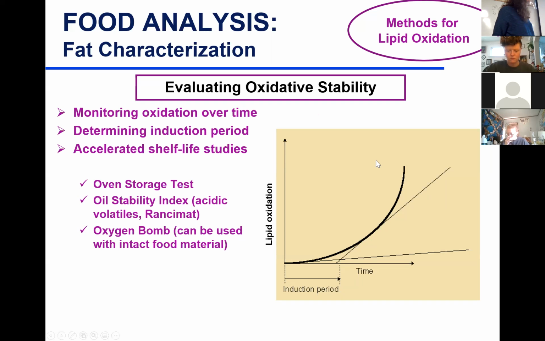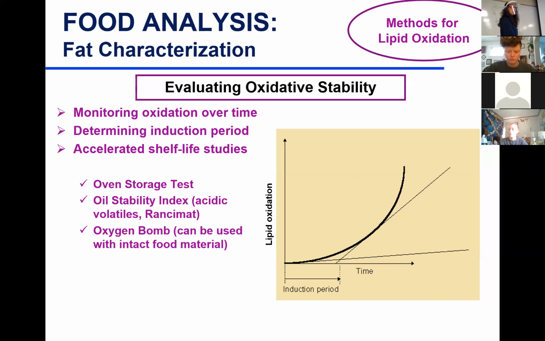The induction period is the time until we see a significant increase in oxidation, going from 0 to a certain amount that is considered significant. So that's the induction period, the time before a sample starts oxidizing. This method, monitoring oxidation over time, allows us to determine the induction period, and also the shelf life of the oil or fat and the effectiveness of antioxidants.